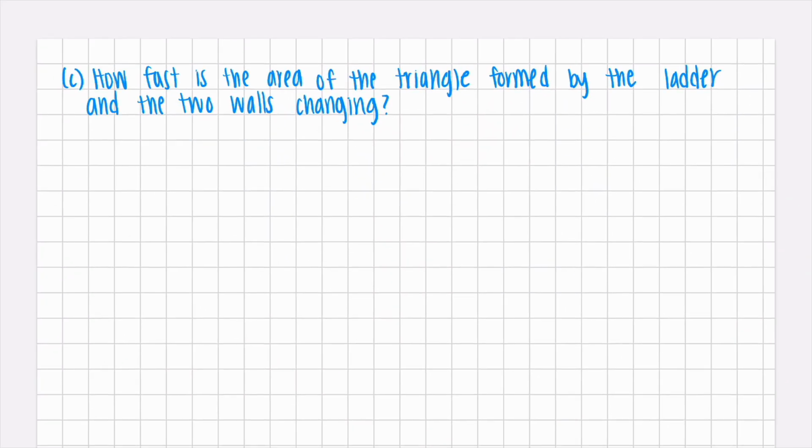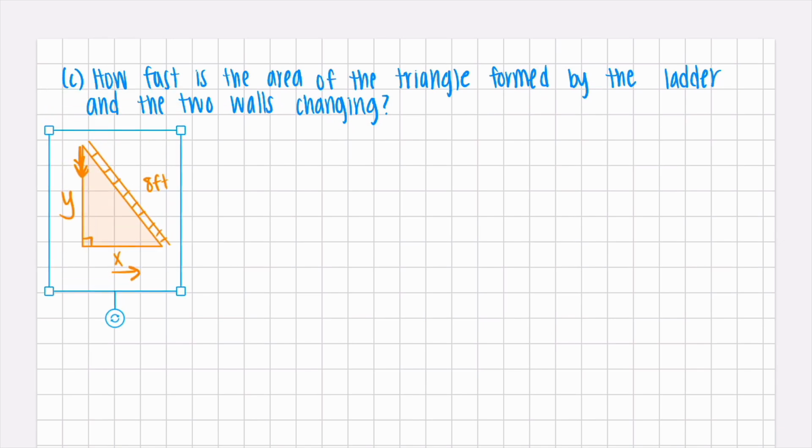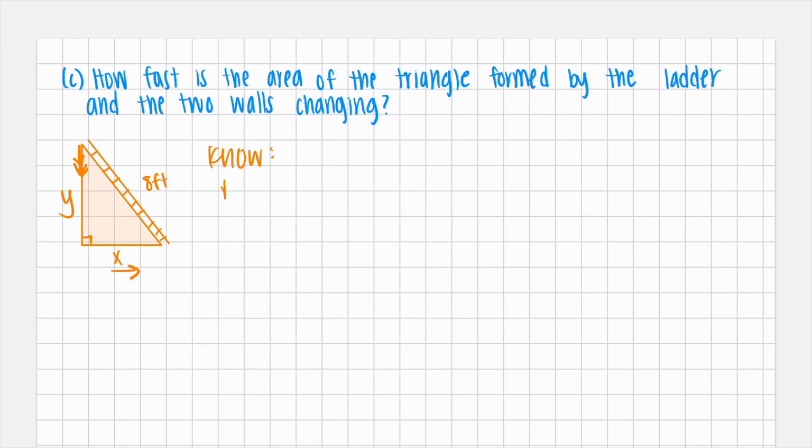Part C, I'm going to grab that triangle again. How fast is the area of the triangle formed by the ladder and the two walls changing? We know that dx/dt is 3 feet per second.